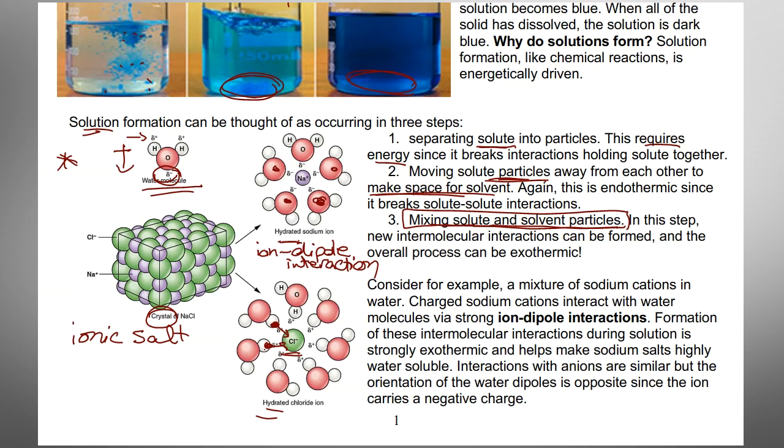So again, an ion dipole interaction forms between each water molecule that's attracted to the halogen anion, just like water was attracted to the sodium cation. And these ion dipole interactions release energy, so that the process of solvating these ions releases energy. This is an exothermic process.